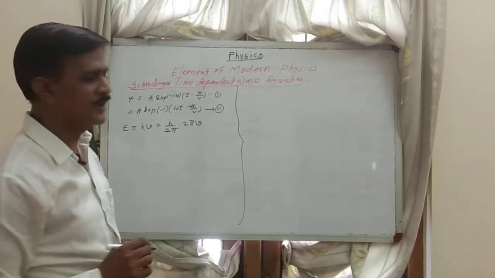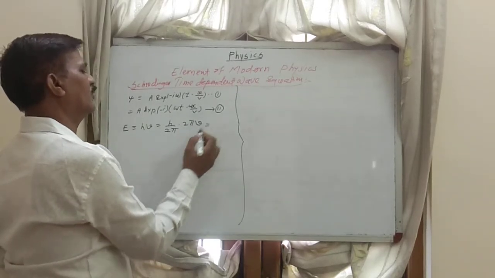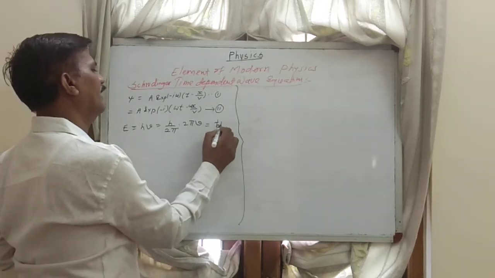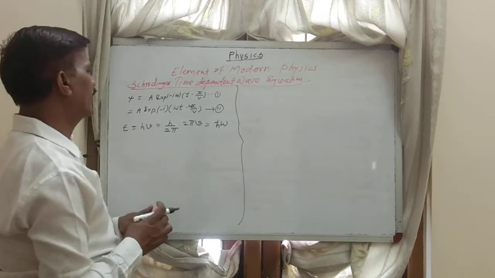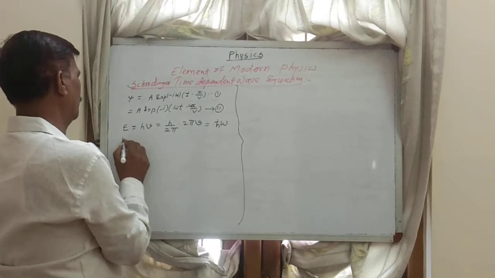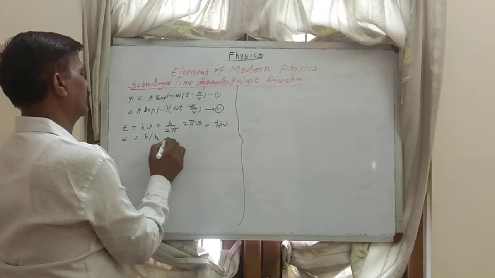Here h by 2 pi is h cross, and 2 pi nu is omega, so h cross omega is E. Because our aim is to find the value of omega, omega is E by h cross.